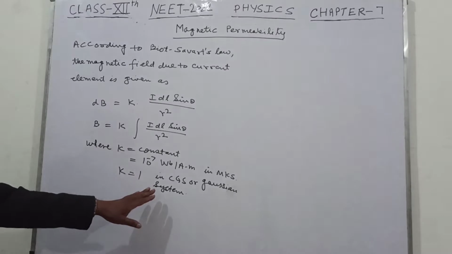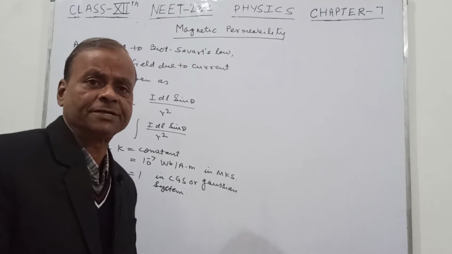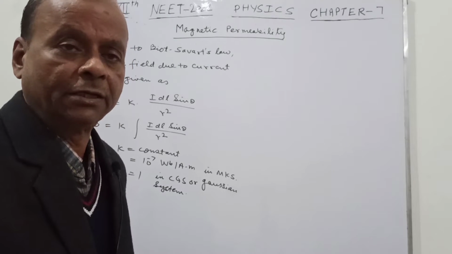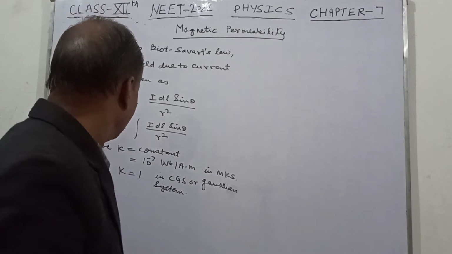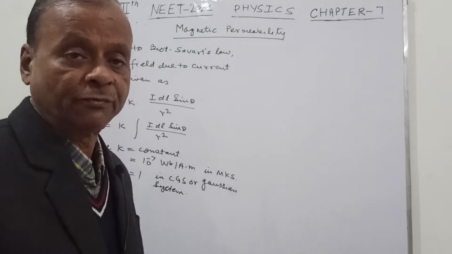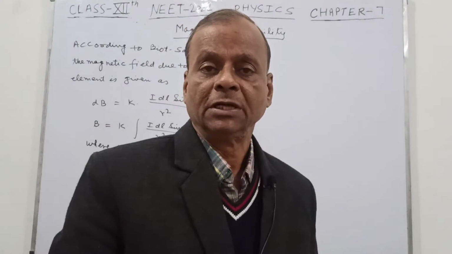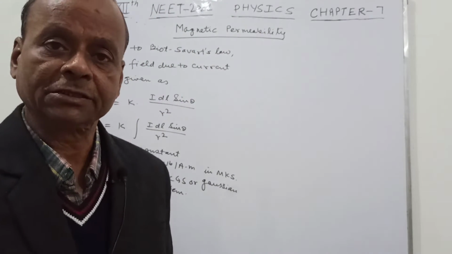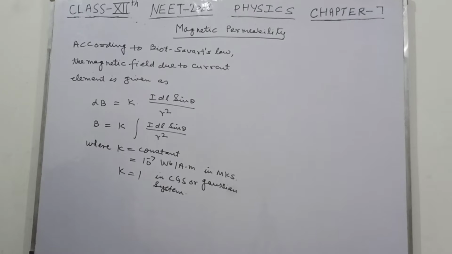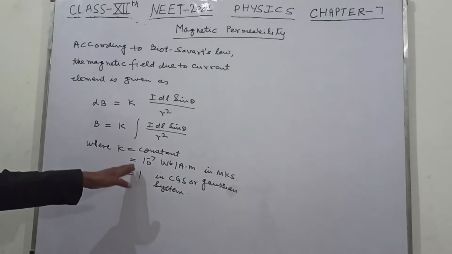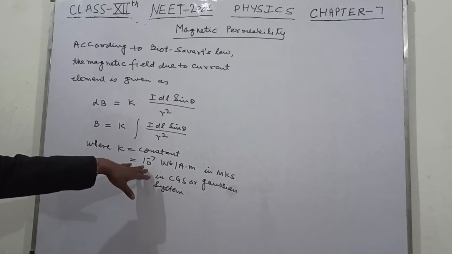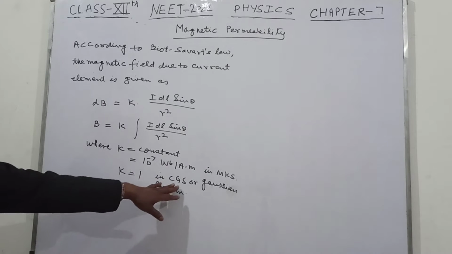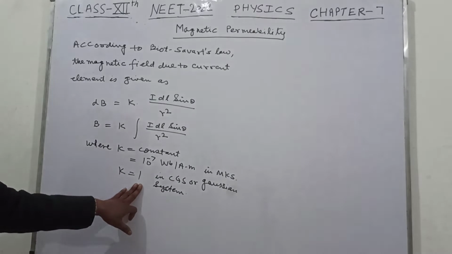This constant depends upon the system of units, the medium and the material of the conductor. So here we are taking K to be a constant.